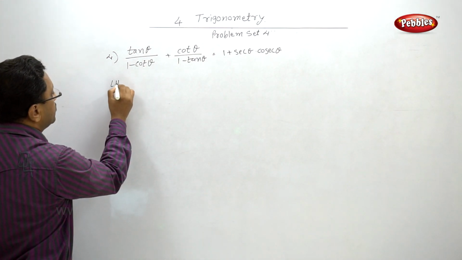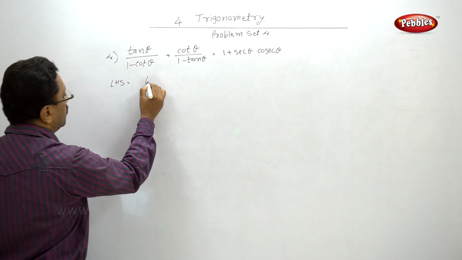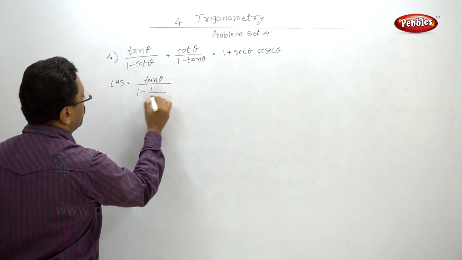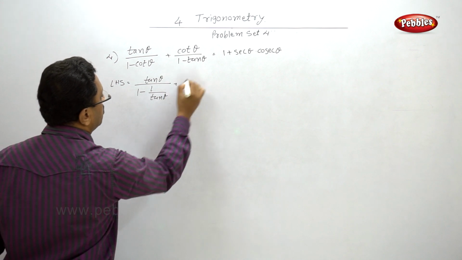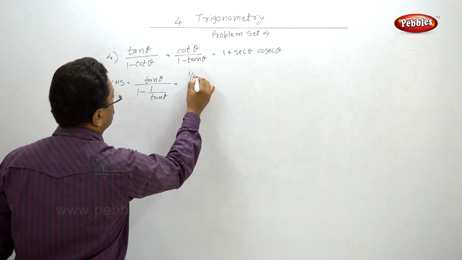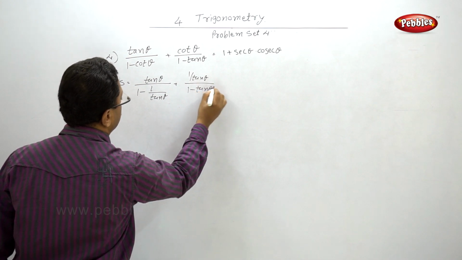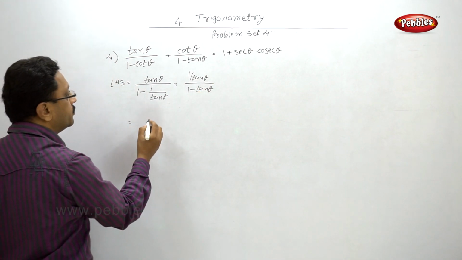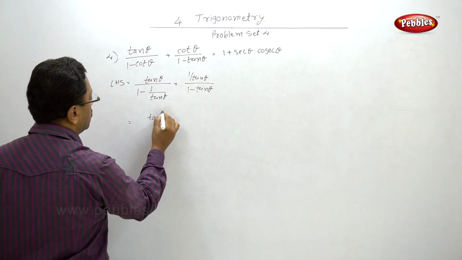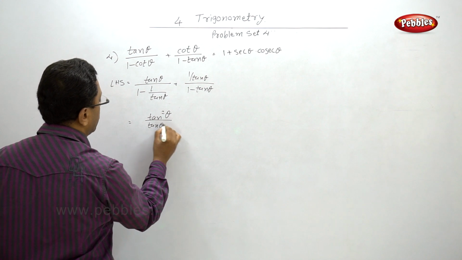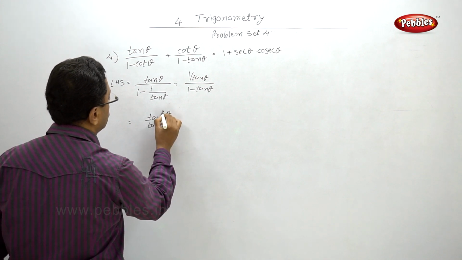So our left hand side is equal to tan theta upon 1 minus 1 upon tan theta plus 1 upon tan theta upon 1 minus tan theta. So we have tan square theta upon tan theta minus 1.